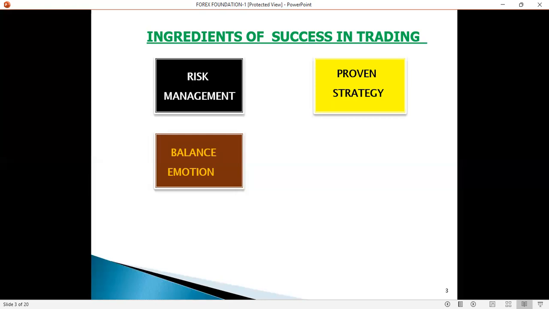If you are new to online trading, or you have probably been trading before without consistency, you need to check your emotion. Do not allow your emotion to take control of your trading for any reason. In as much as you have a good strategy and your risk management is in place, do not allow your emotion to take charge.